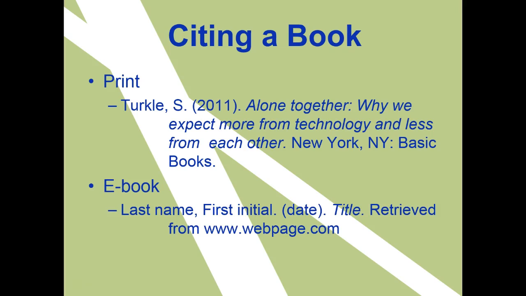We follow that by a period and a space, the place the book was published, the city, followed by a comma, space, and then the state or the country, followed by a colon, a space, and then the publisher with a period. For an ebook, it's very, very similar. Again, last name, comma, first and second initial.